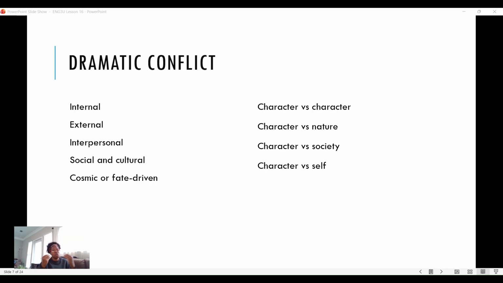And so this interpersonal conflict serves as a vehicle for examining, in this particular story of Romeo and Juliet, themes such as love, hatred, because the Montagues and the Capulets really detested one another, and the disastrous consequences of social division. And so that is what interpersonal conflict looks like.